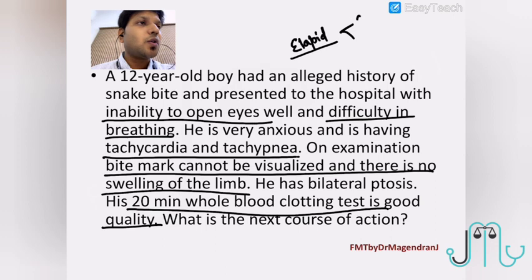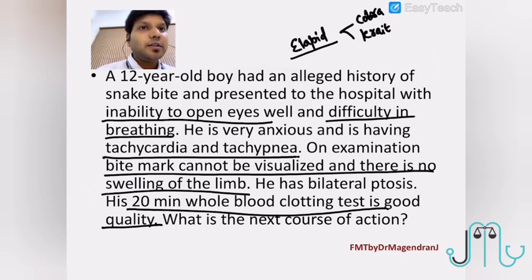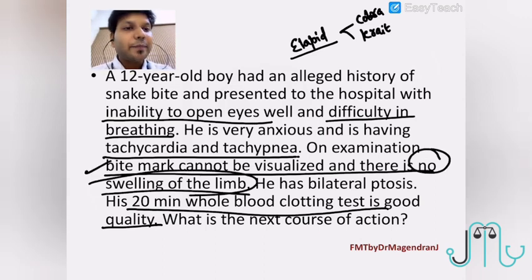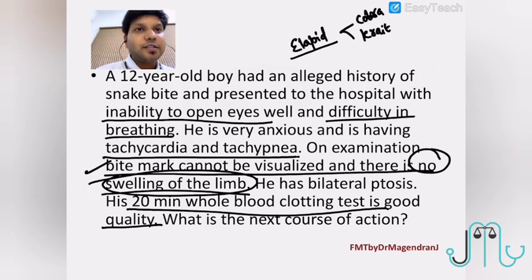One is cobra, another one is krait. Right? Cobra and krait. And in the question, I have mentioned that the bite mark cannot be visualized and there is no local swelling. In which of these species is there no local swelling or very minimal local swelling?